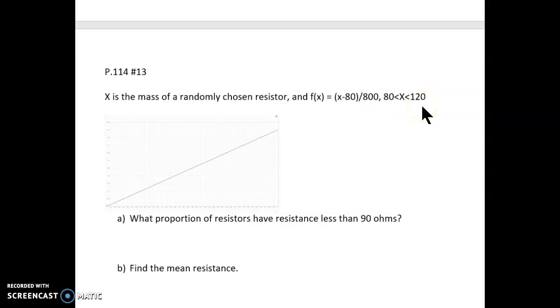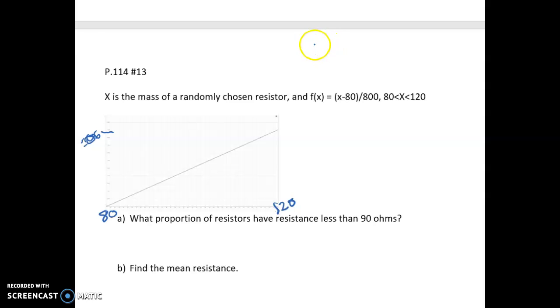I graphed this using GeoGebra, and this is the value 120 for x, and this is the value 80. Notice this is just a line segment from 80 to 120. And by the way, the maximum value here is 0.06. This function has to integrate to 1.